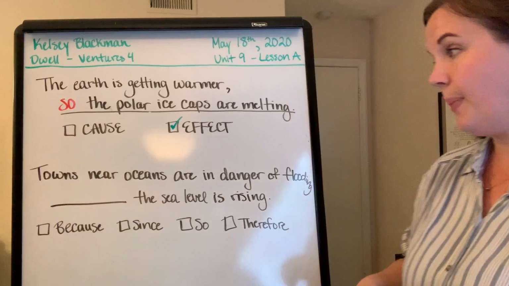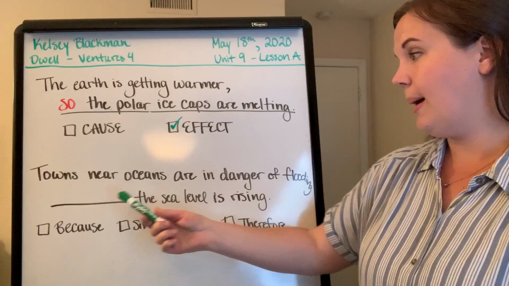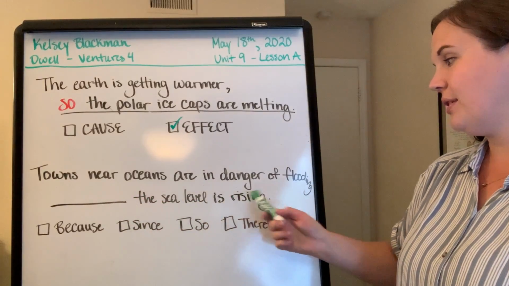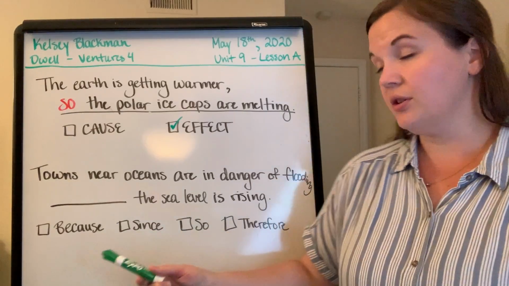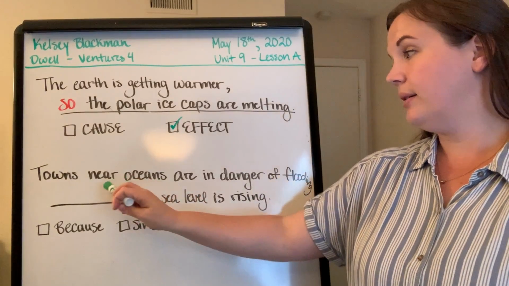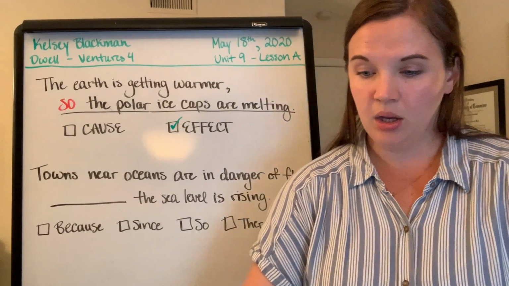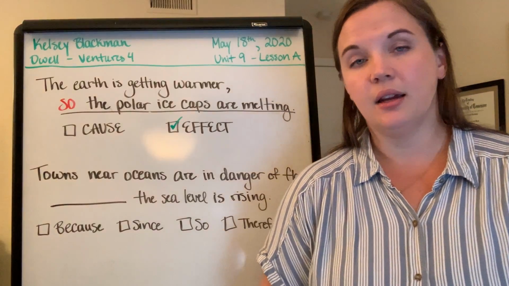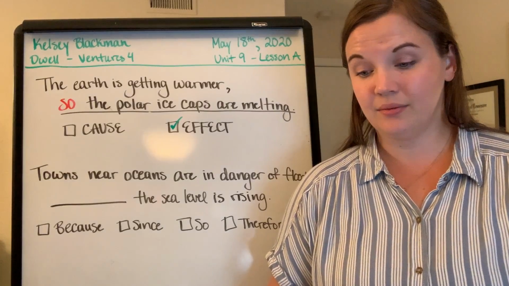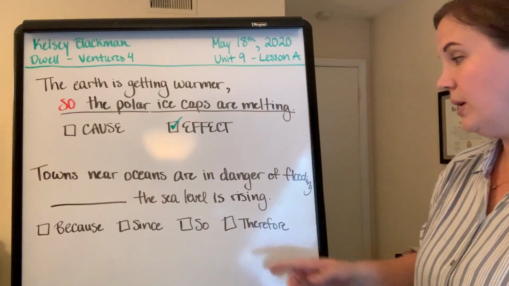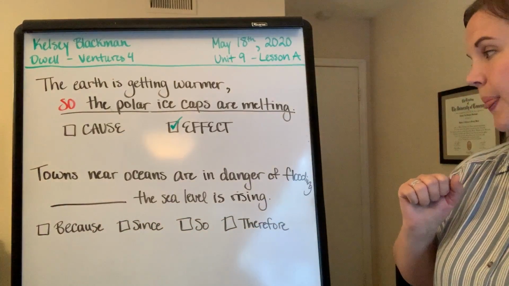Let's look at the next one. Towns near oceans are in danger of flooding, blank, the sea level is rising. So now you look at these 4 connectors and tell me which one, 2 of them are correct. 2 of them would complete the cause or reason clause. Okay, which 2? Because, since, so, therefore.